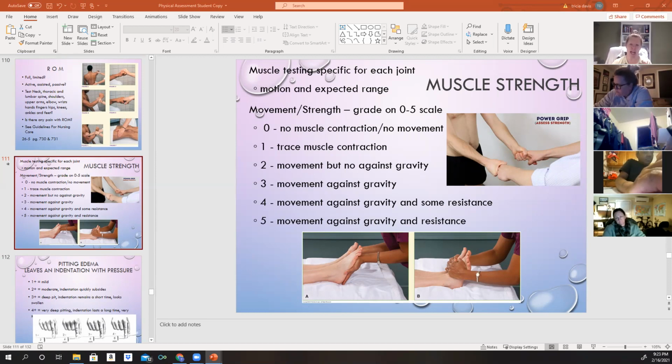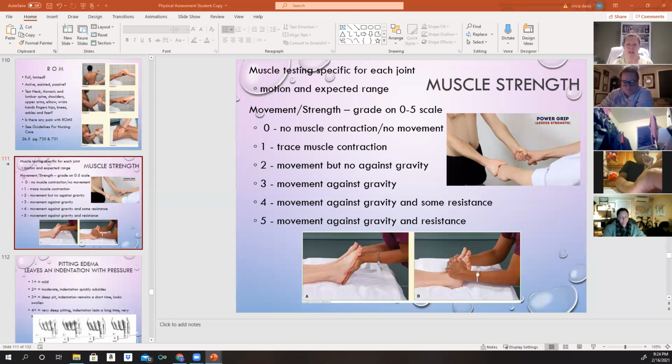If they just have a little tiny bit of muscle contraction, it's a 1. If they have movement, but it's not against gravity. Against gravity is when you can hold it up and then it'll stay, right? It won't just fall back down. If it falls back down, then that's a problem.